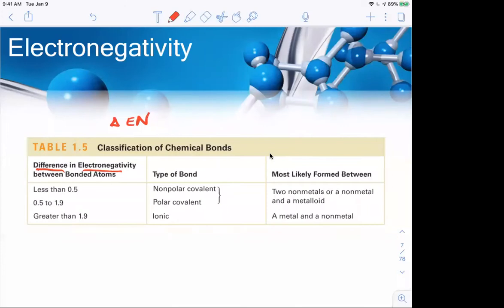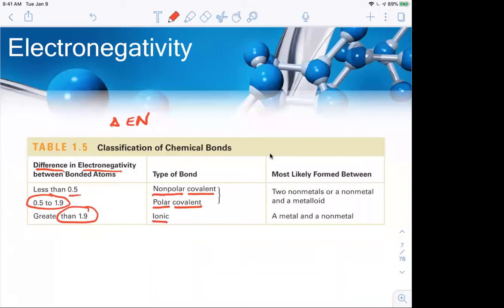If I take the electronegativity value of the atom and subtract the electronegativity value of the second atom in the bond, and that difference is less than 0.5, it's considered nonpolar covalent. If it's between 0.5 and 1.9, it's going to be polar covalent. And if it's greater than 1.9, it's going to be ionic.